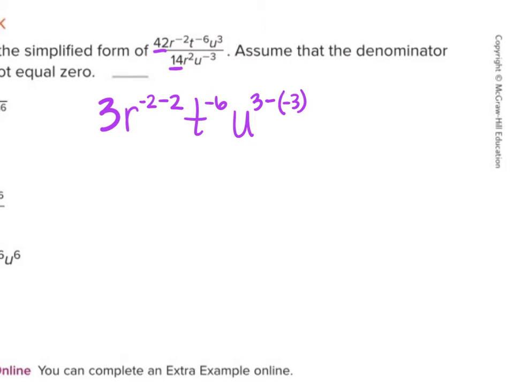Okay, now let's simplify. So we have the 3. What is negative 2? And I would use your calculator for these, guys, because it is easy to mess those up and make a mistake. So what is negative 2 minus 2? Negative 4. Okay, nothing to go with the t, right? So I leave the t the same.